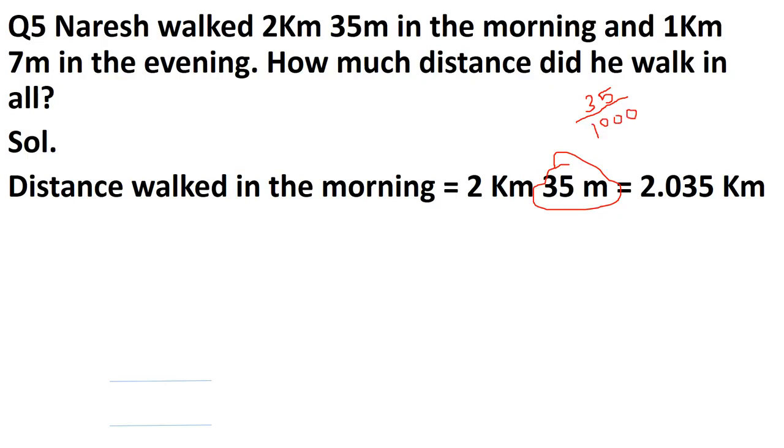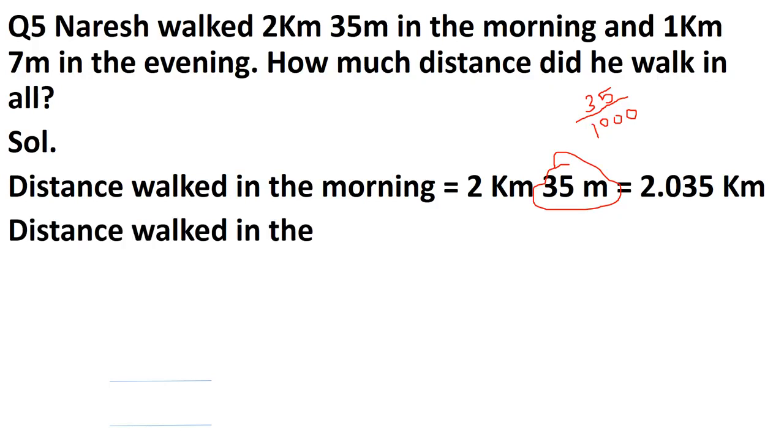Okay. So when we divide 35 by 1000, here are 3 zeros. So definitely decimal will come before 3 digits. So 1 is 5, second is 3, and one more digit we want here. For that we have written here 0. Then decimal. And when we have 2 kilometer to it, it will become 2 decimal 035 kilometer. If you are not able to do it directly, you can convert it first of all in rough and then you can write down the answer.